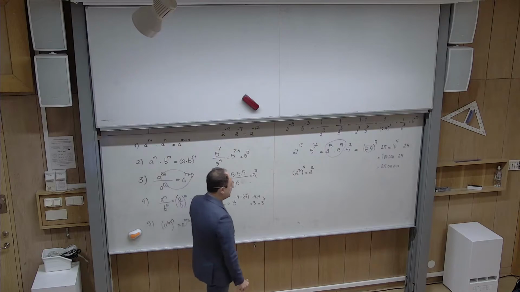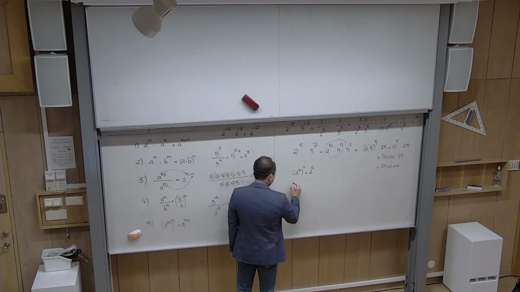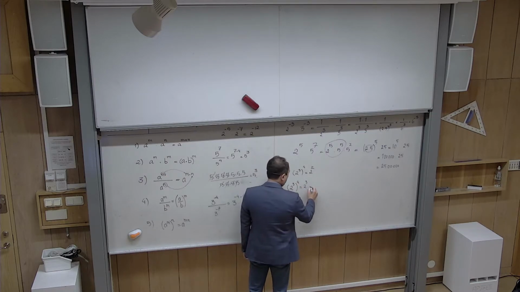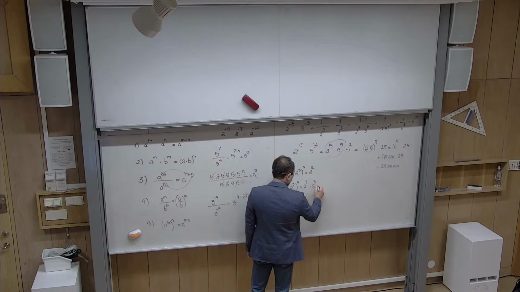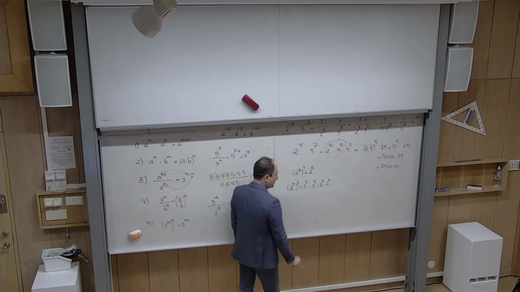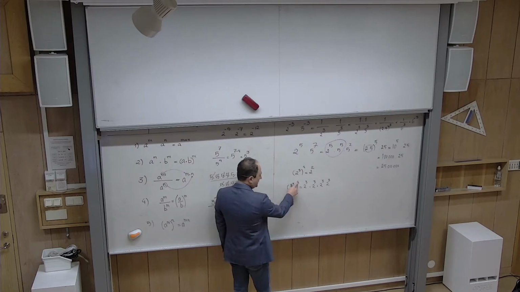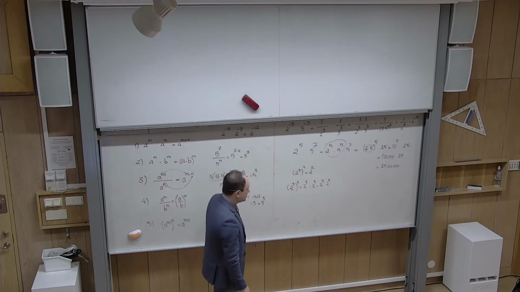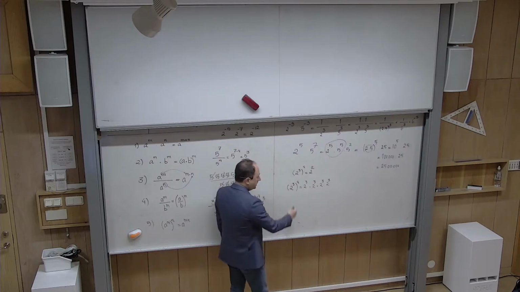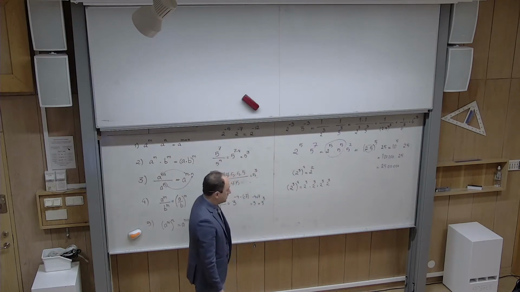But if I want to understand that, I would say that 2 to power 3 to power 4 means 2 to power 3 multiplied by 2 to power 3 multiplied by 2 to power 3 multiplied by 2 to power 3, 4 times. Because when you see this power, it means take this number and multiply it by itself this number of times. So I took this number, which in this case is another power itself, and I multiplied it 4 times.